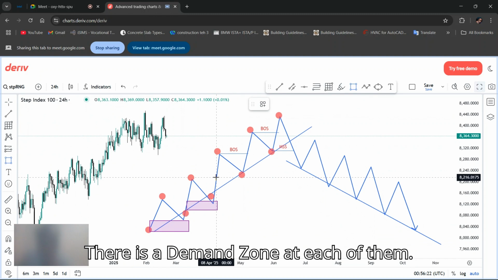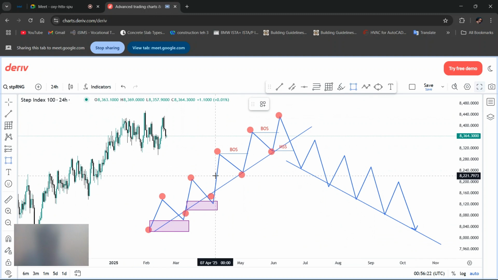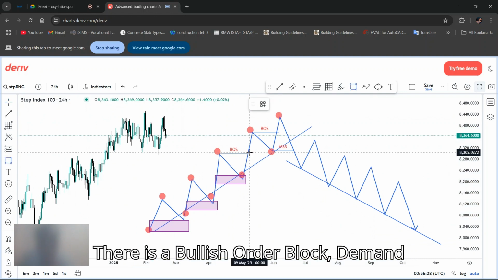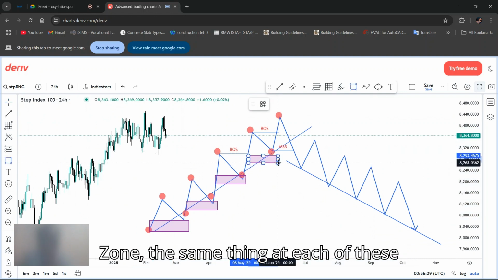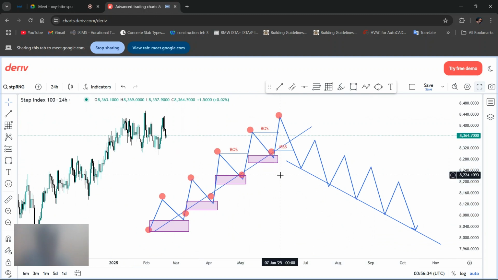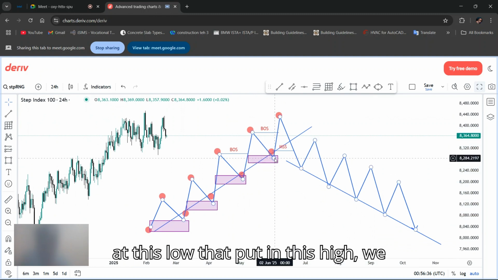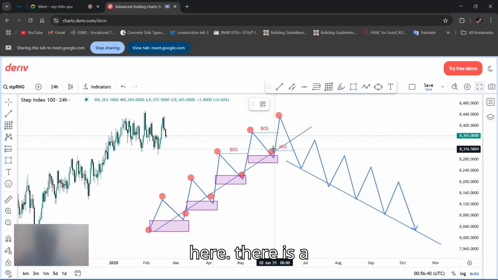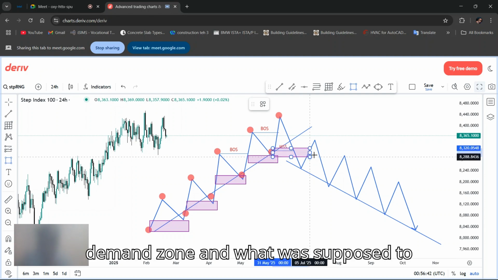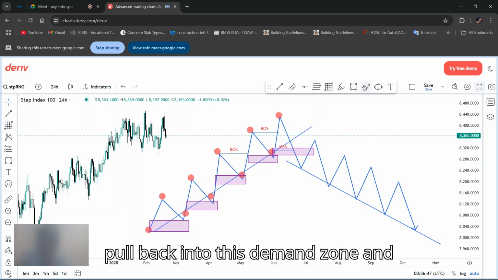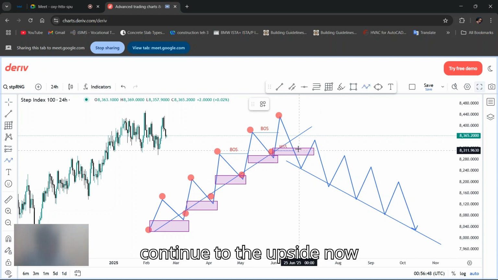There is a bullish order block demand zone, the same thing at each of these zones. Now, at this low that put in this high, we also have a demand zone here, and what was supposed to happen is that the market was supposed to pull back into this demand zone and continue to the upside.